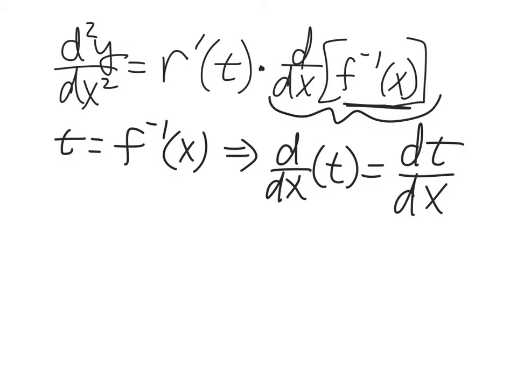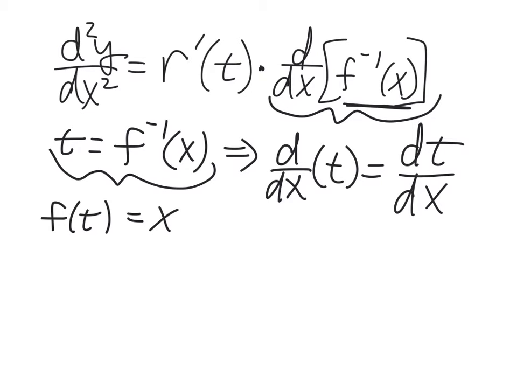We know, again, x and t relate this way, or it's going to be easier to look at it as f of t equals x, which is what we did earlier. That's the definition of our parametric equations, the x part.